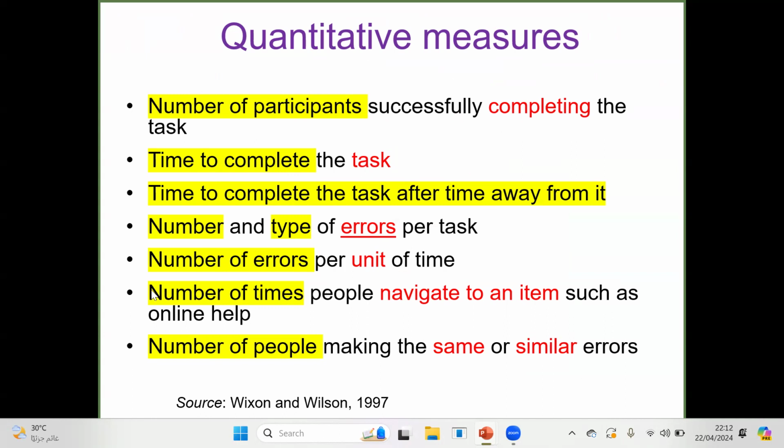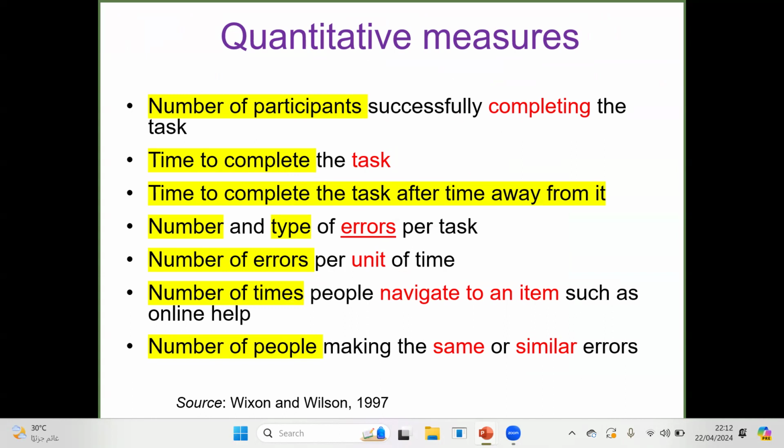The time to completion and the types and kinds of errors are all quantitative measures needed in usability testing.